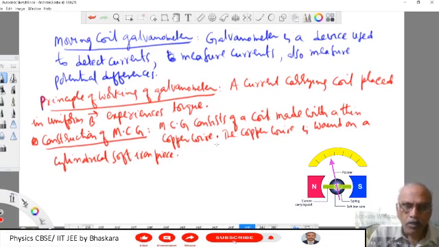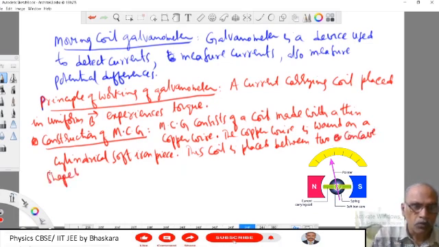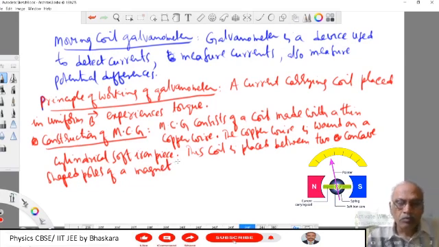We will do that now. The moving coil galvanometer consists of a coil made with a thin copper wire. The copper wire is wound on a cylindrical soft iron piece. And this coil is placed between two poles of a magnet, two concave shaped poles of a magnet, between the north pole and south pole.